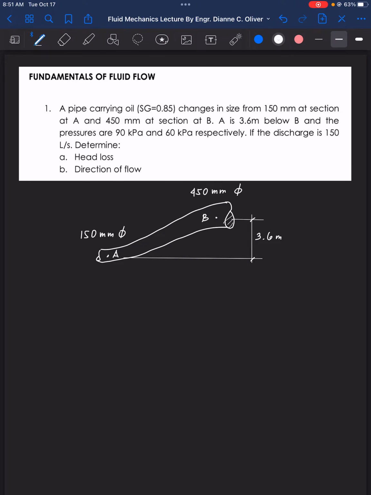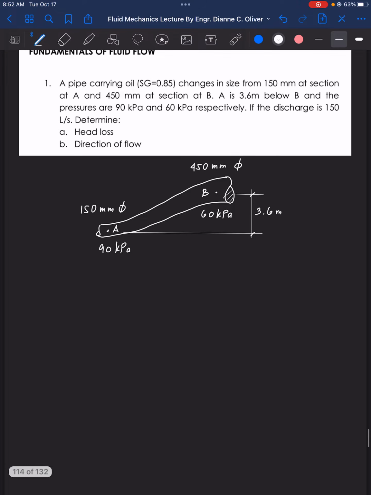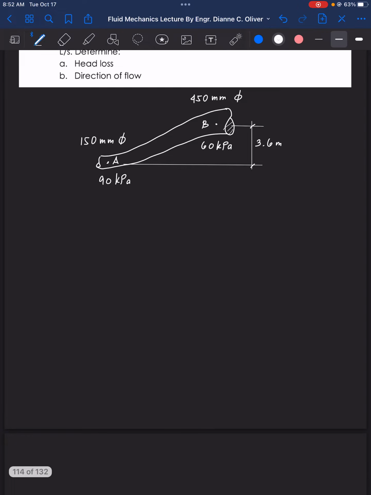Given also are the pressures: for A we have 90 kilopascal, and for B, we have 60 kilopascal. Given also the discharge, Q equals 150 liters per second.